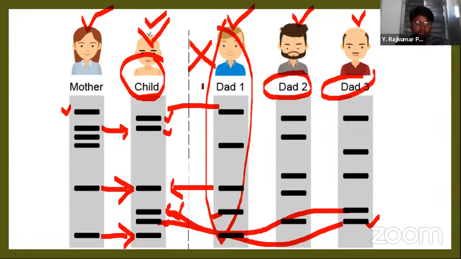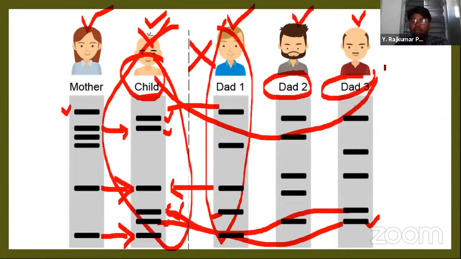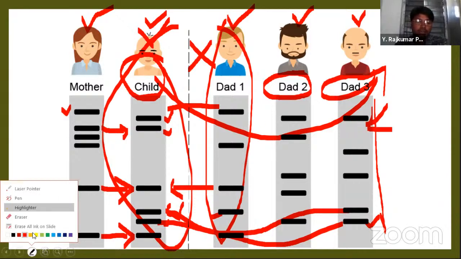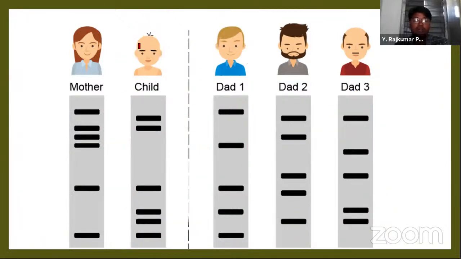So by this we can finally conclude that this child belongs to dad number 3 because all the genetic DNA fingerprint is matching with the child. Okay, this is how we can find out the actual father of the child.